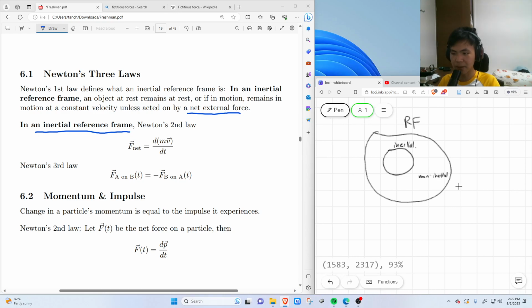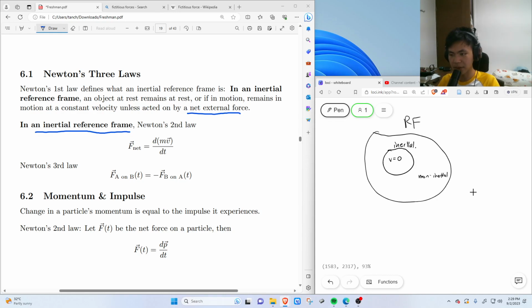Roughly speaking, inertial reference frames are those in which the velocity is constant. Examples of inertial reference frames are a bus traveling at constant velocity. Examples of non-inertial reference frames are rotating frames. If you're sitting in a carousel, you're in a non-inertial reference frame.